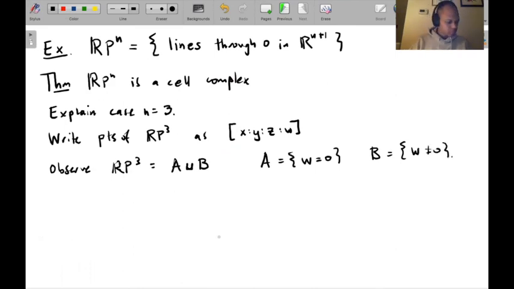Okay, so let's see what we can say about these individual pieces, and then we'll think about how they fit together. And from this, we'll see a cell structure.